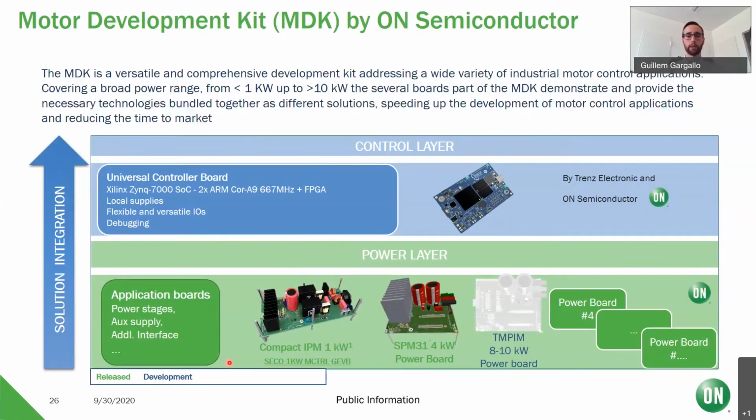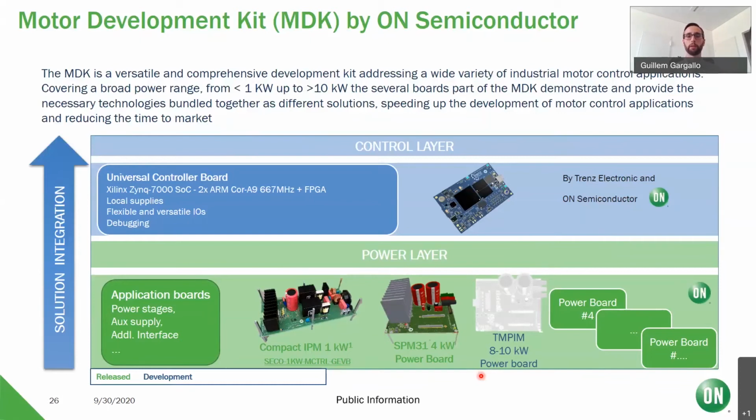We have already available 2 boards for IPM, for up to 1 kilowatt. Then we also just recently launched this 4 kilowatt power board for our SPM31 IPMs. Now we are working to release as well the power board for our transfer molded PIM, up to 10 kilowatts at the moment.